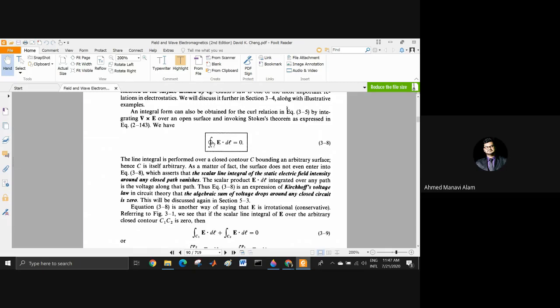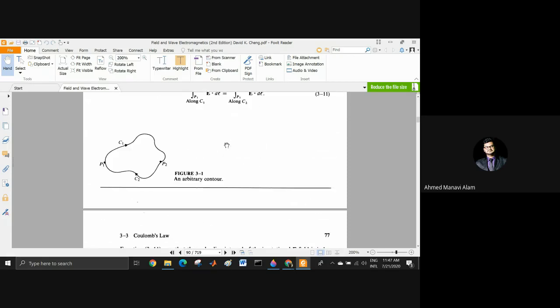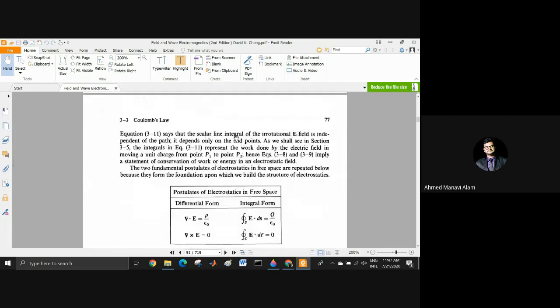So the electric field intensity's line integral, or the algebraic sum of voltage drops around any closed circuit, is 0, এটা এখান থেকে আসে আর কি.